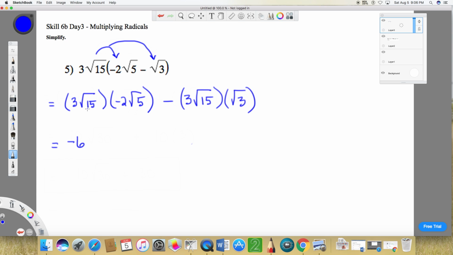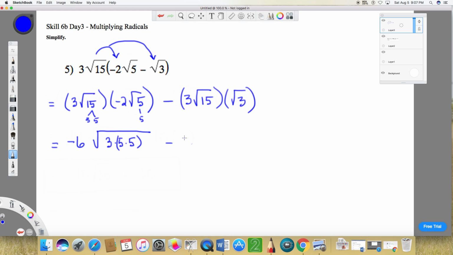And now when we take 15 times 5, we know that we're going to be able to break down this 15 to 3 times 5. So all of this is underneath one radical, and 15 times 5 breaks down to 3 times 5 times 5. And hey, you've got a pair of 5s right there. So that's how we're going to simplify that radical.